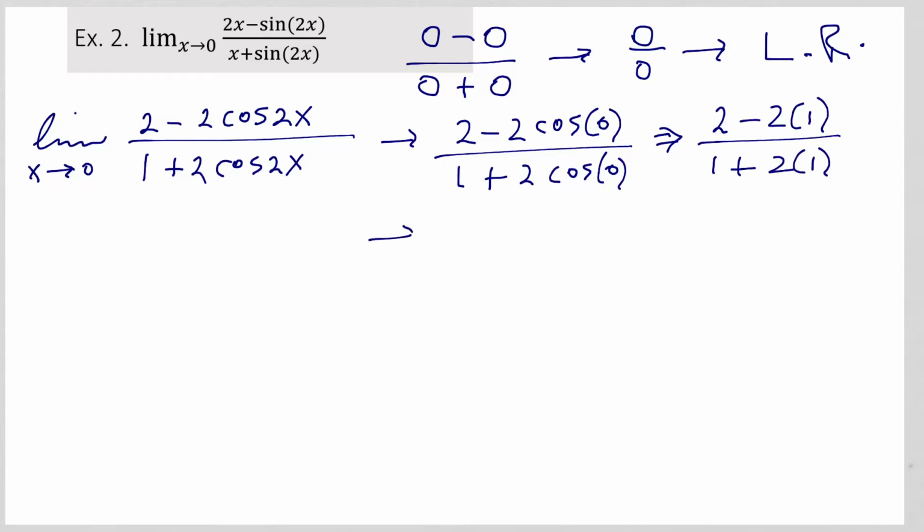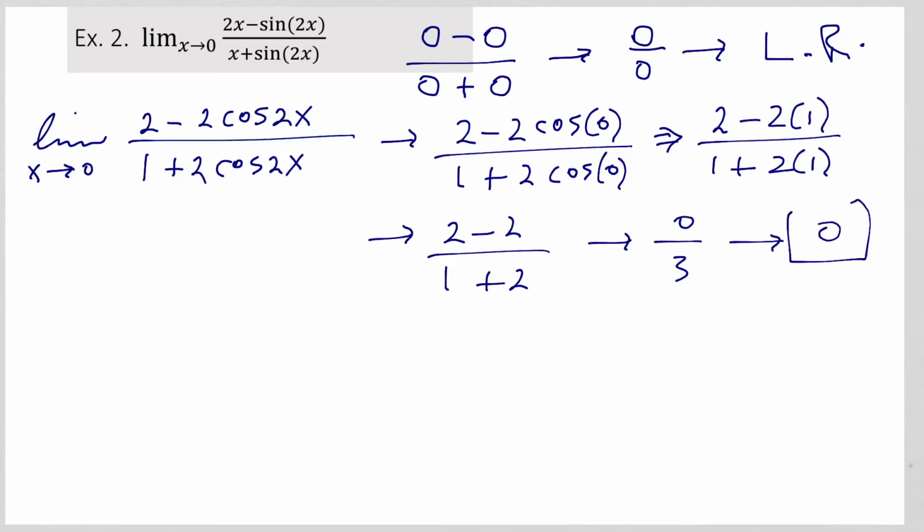So that's equal to 2 minus 2 over 1 plus 2, which is 0 over 3, which is 0. Those are real numbers, so real number laws apply, so this limit is actually 0. Employing L'Hopital's rule, we were able to arrive at a limit of 0.